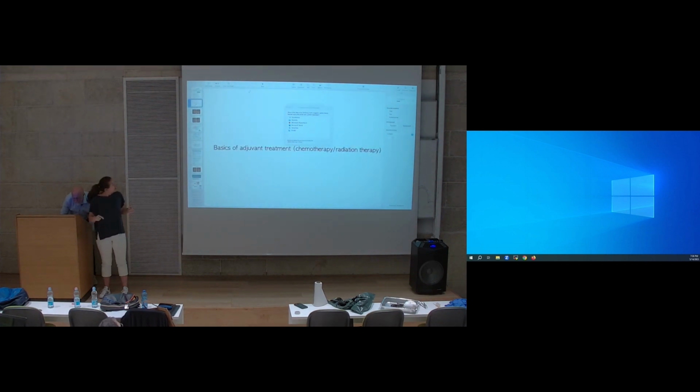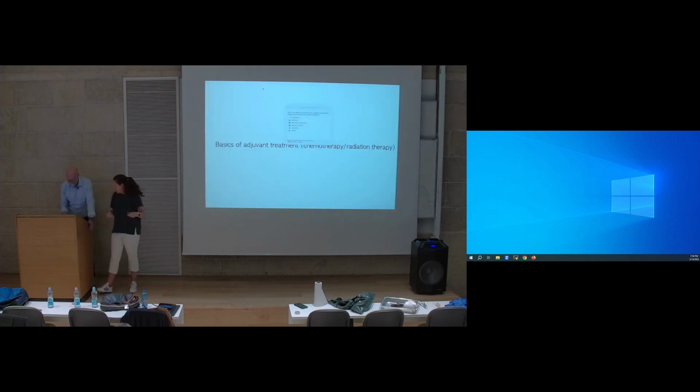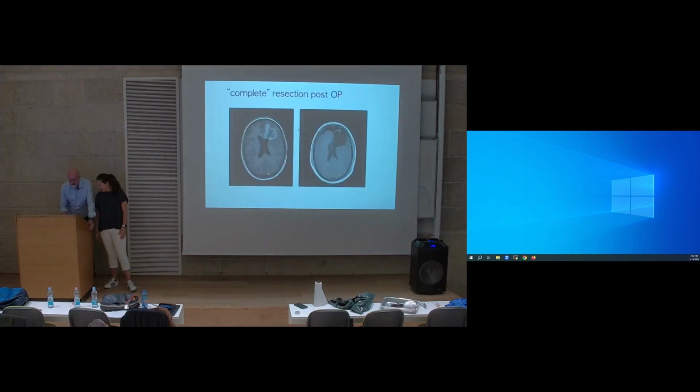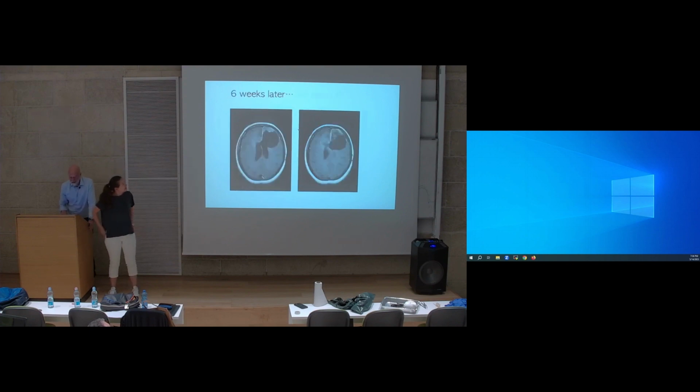And basically it's all based after surgery. So surgery is the first big step, and then we got, so this is quite an impressive picture. You see that it's a very nice resection, and without any kind of radiation therapy and chemotherapy, you see that in a couple of weeks.